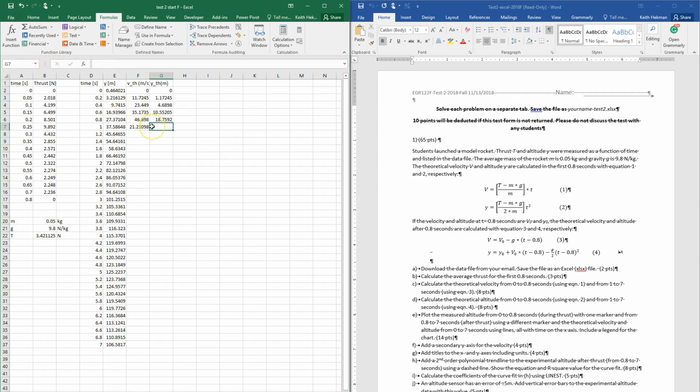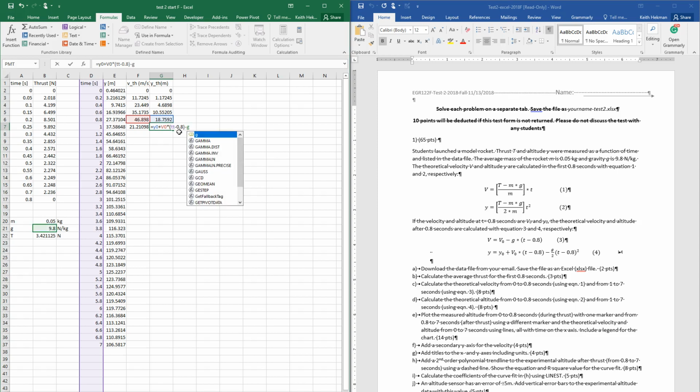And our position equals y0 plus v0 times t minus tt minus 0.8, and this is minus g divided by 2 times t minus 0.8 squared, except for this is tt, the time.